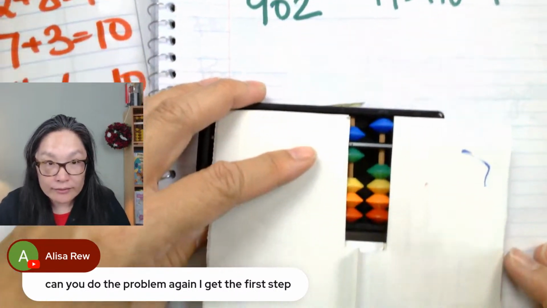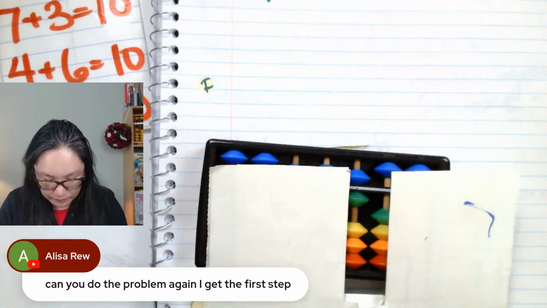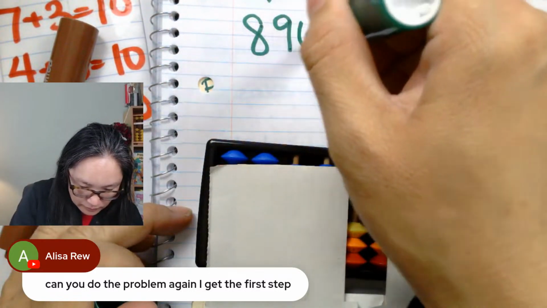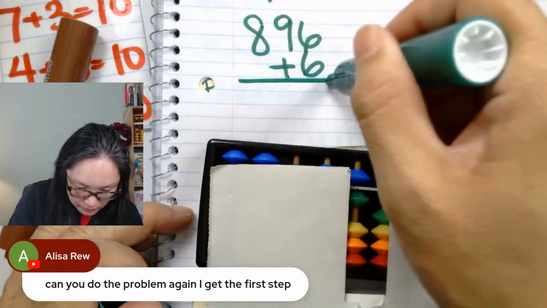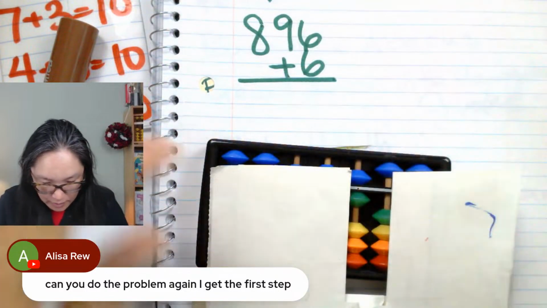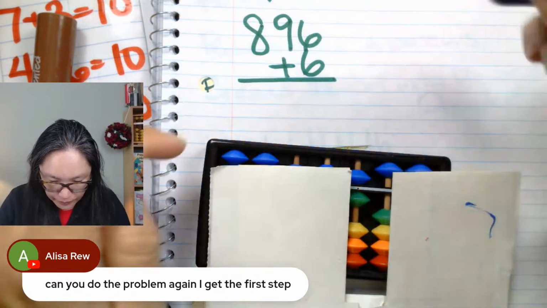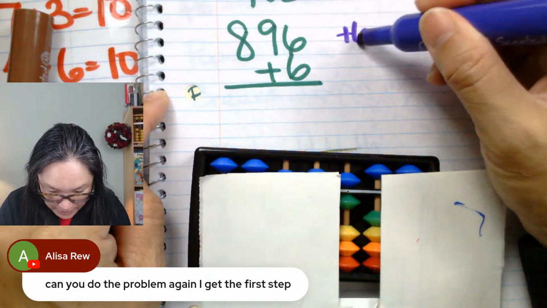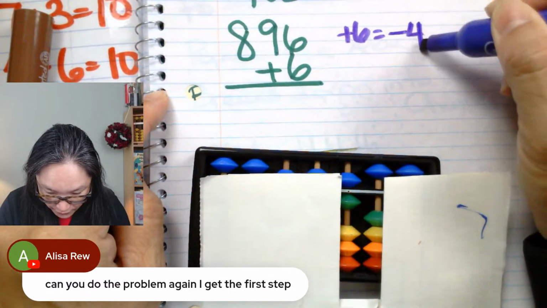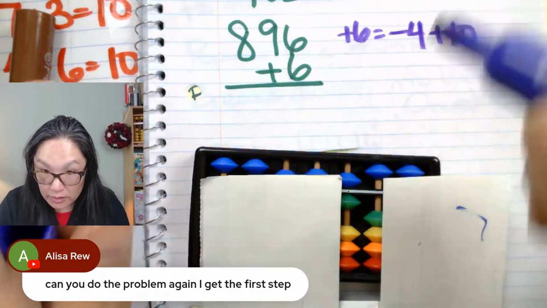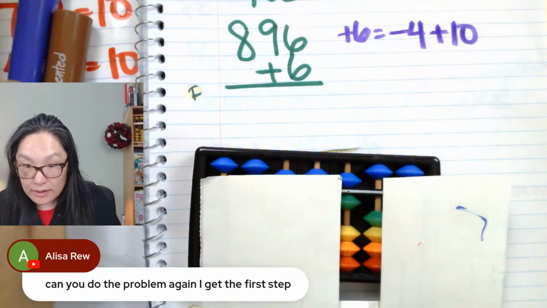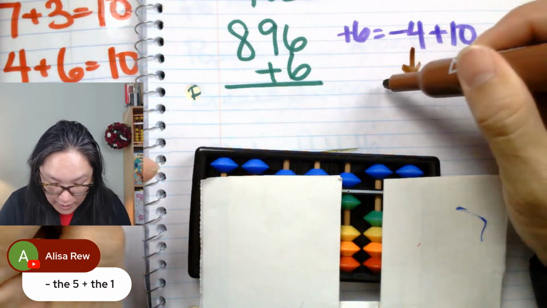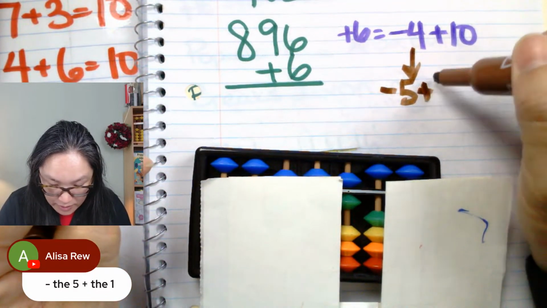I'm going to rewrite it. Okay. So plus the 6 is equal to minus the 4 plus the 10. Yes, thank you, Alyssa. So I want to minus the 4. I need to minus the 5 plus the 1.